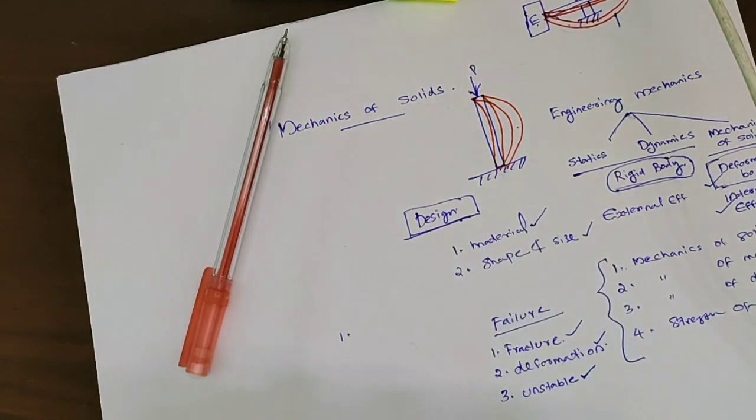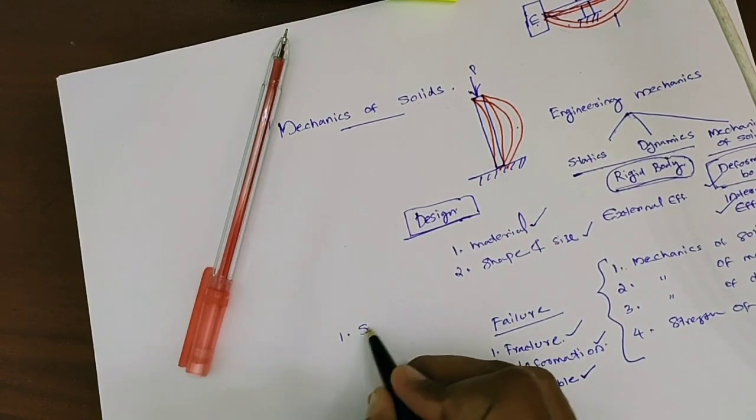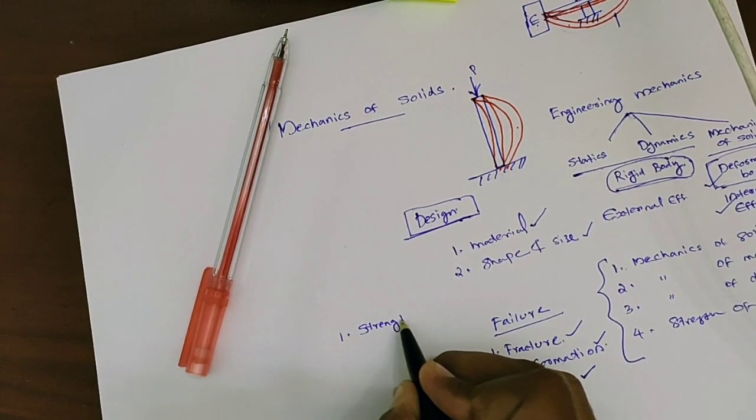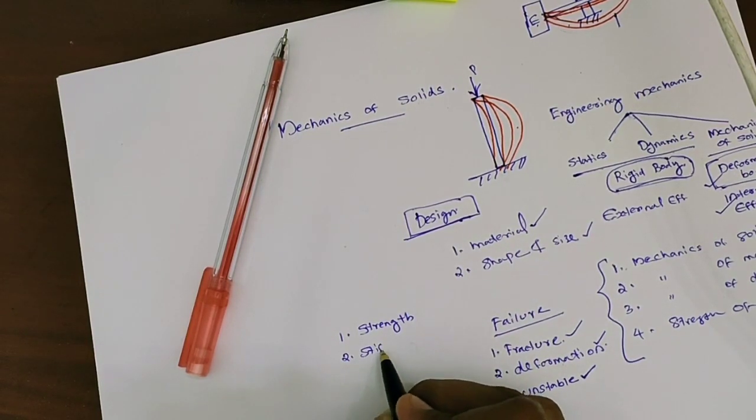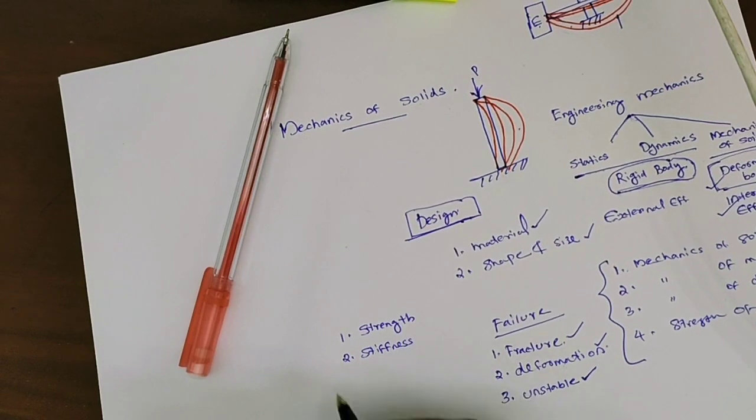First one, while designing a member, the component should have enough strength. Second one, it should have enough stiffness. Third one, it should have enough toughness. Fourth one, the stable condition.